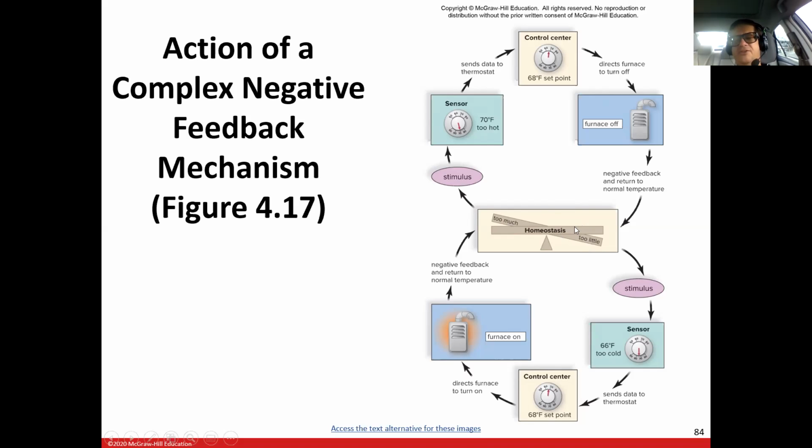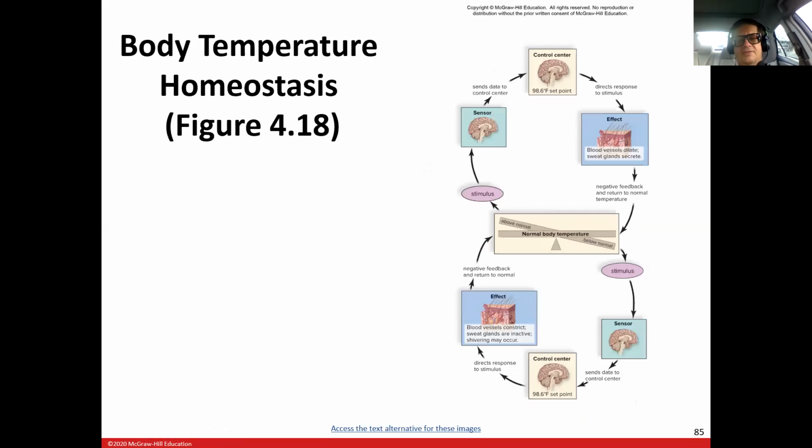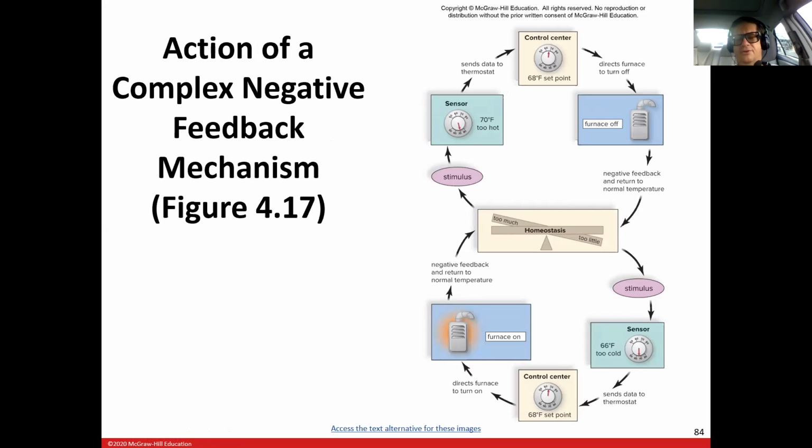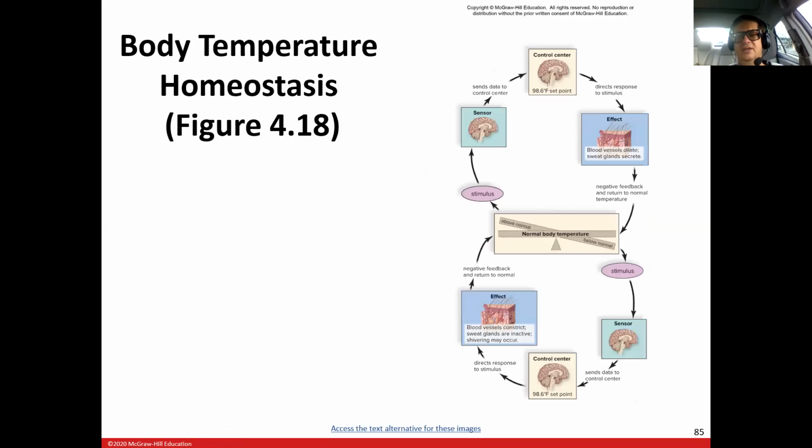But when the body starts to get too cool, then you're going to go through this lower level, this circle down below, and do things to heat the temperature up. Anyway, you got the idea. And once you have the idea on how to do it with your house, then you can look and see how it works doing it inside your body.